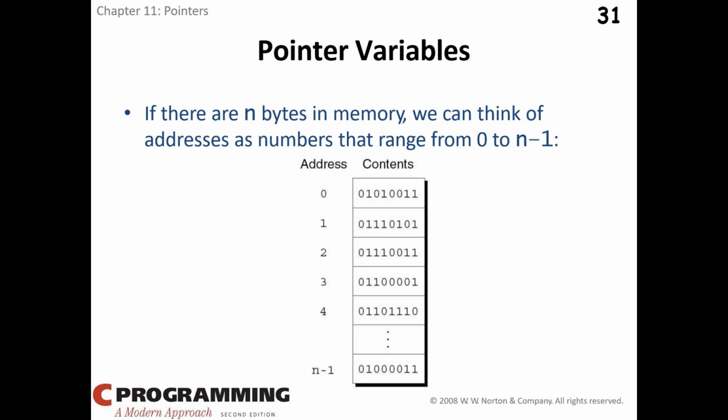And by understanding this concept, we can visualize memory as a linear array of bytes, with each byte accessible via its unique address. And this understanding forms the foundation for working with pointer variables in C programming, as pointers essentially hold and manipulate these memory addresses.